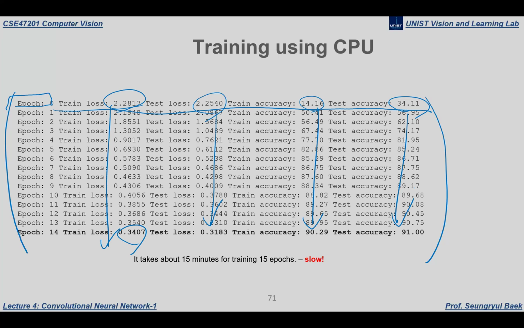But one thing is, even though the MNIST dataset has a small data scale, it takes a few minutes for small epochs. It is slow. If you use only the CPU, that is slow.